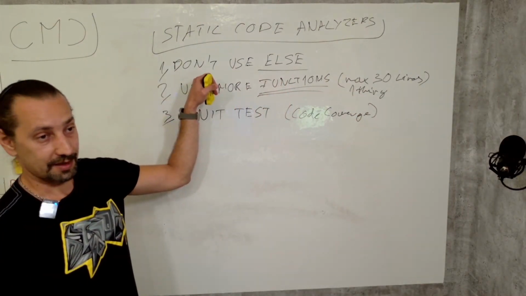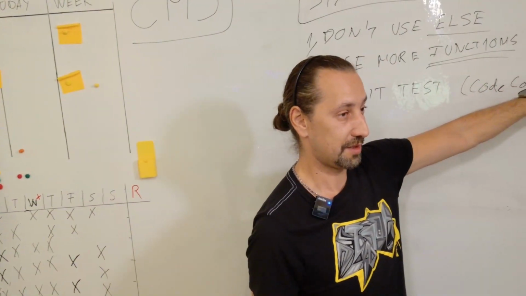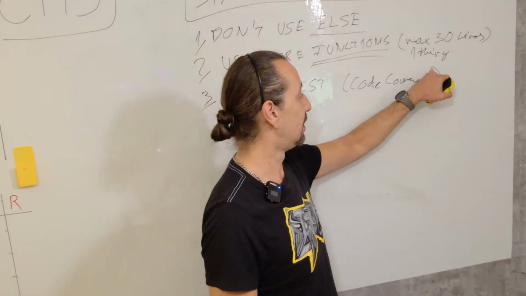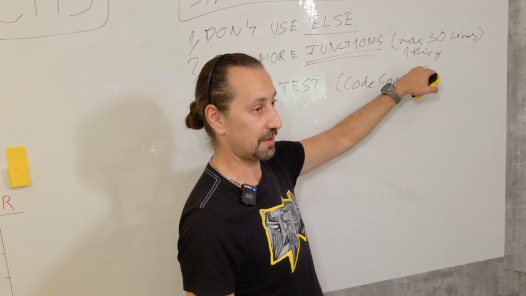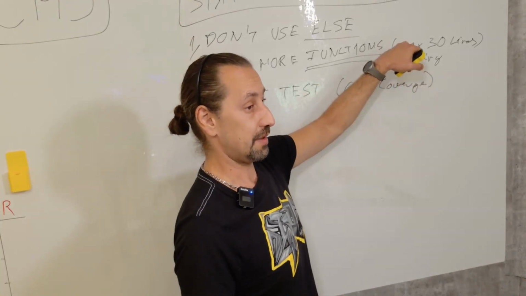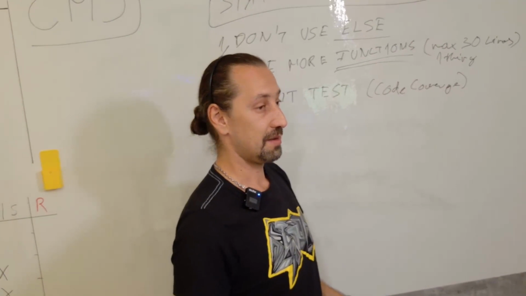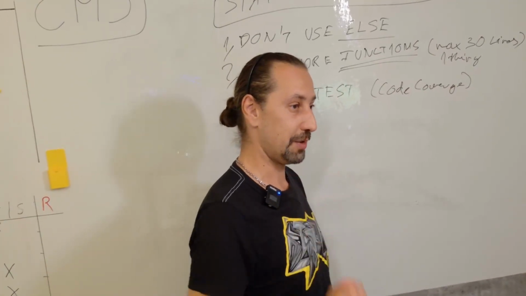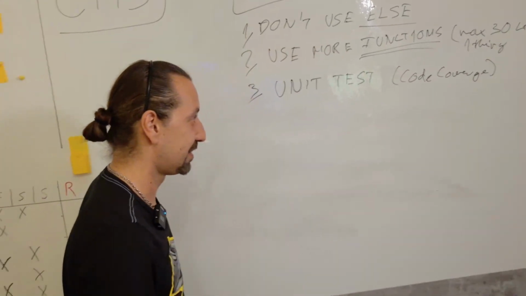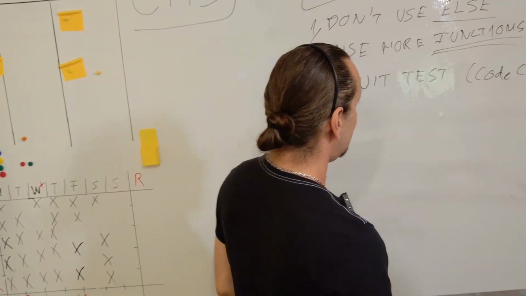If you use else in your code, then basically it is not doing just one thing. Every time it will do: if this happens, and else. So it basically does two different things, which is not advisable.